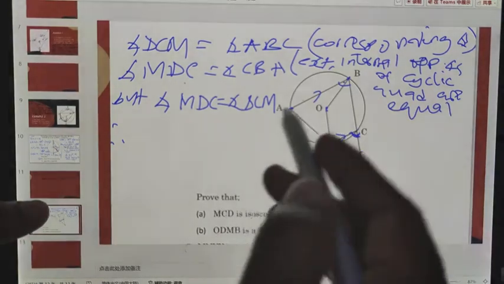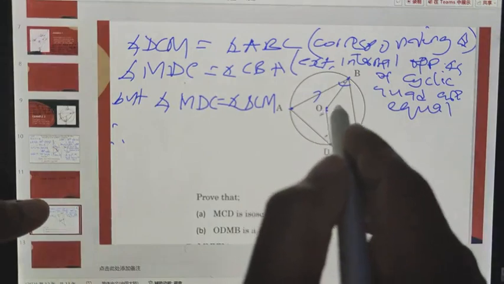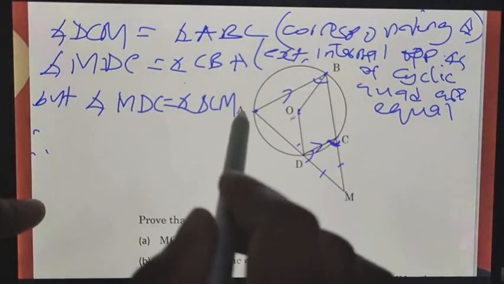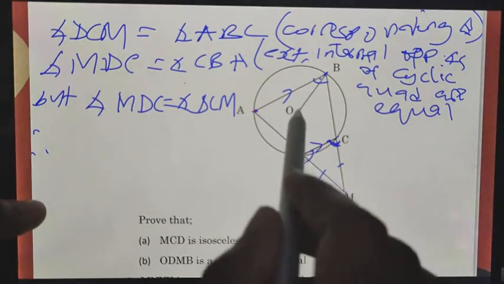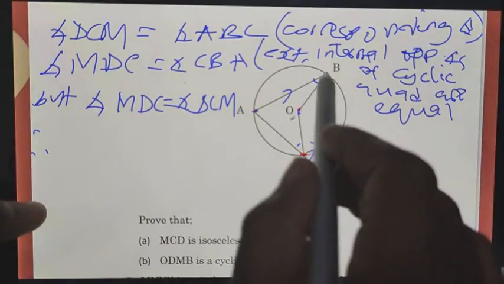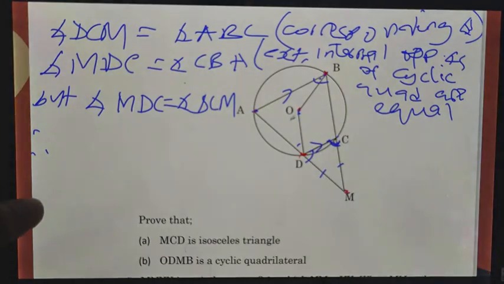So we have to show that this point, that point, and that point have the properties of touching the circumference of a certain circle. So let's do that.